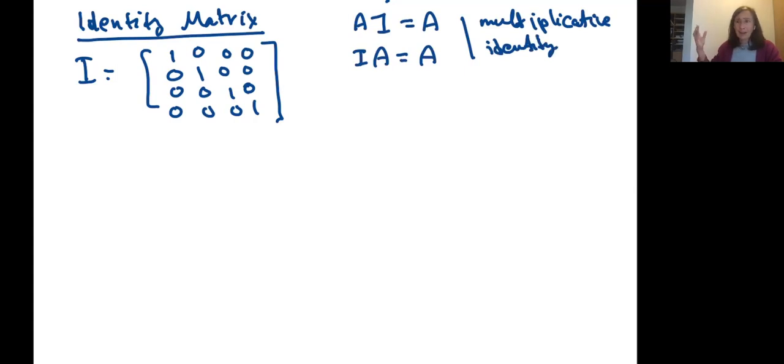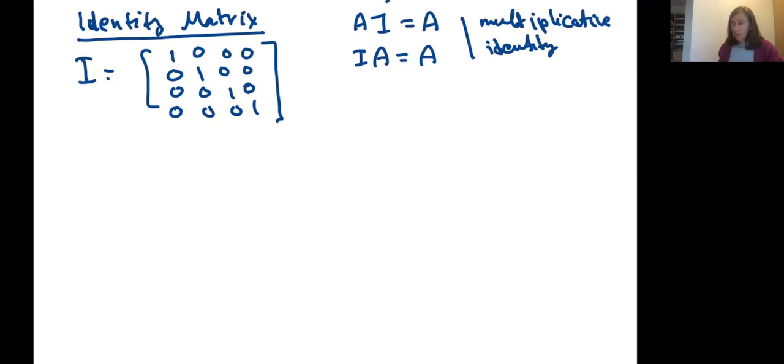Just in case you're wondering, there's an additive identity too. That's 0, and you could also have a matrix of all zeros that plays that role. There's nothing really more to say about that, but the multiplicative identity is a little bit more complicated.